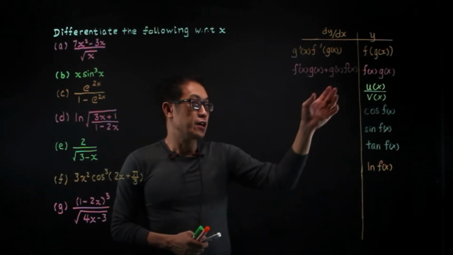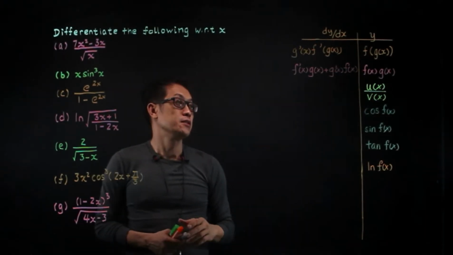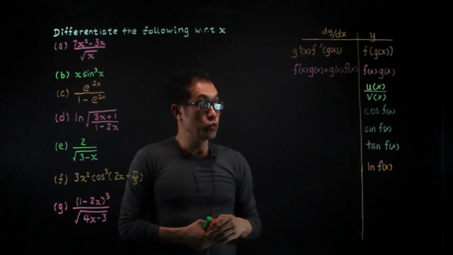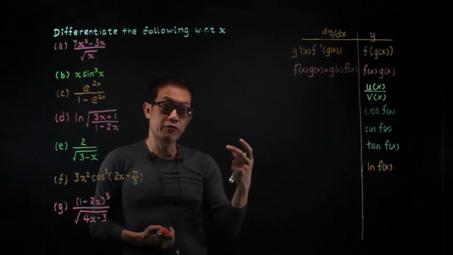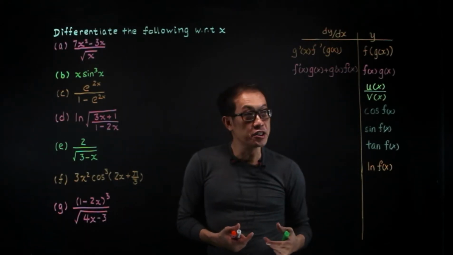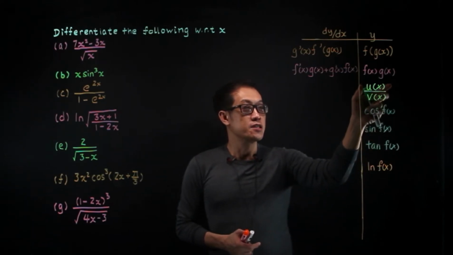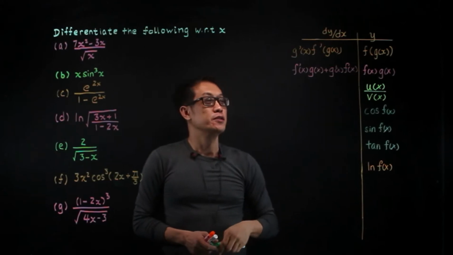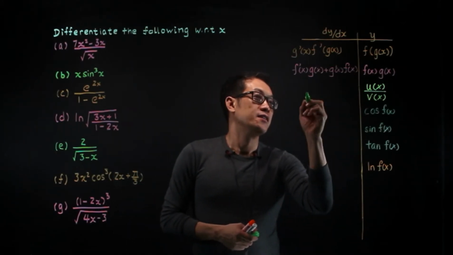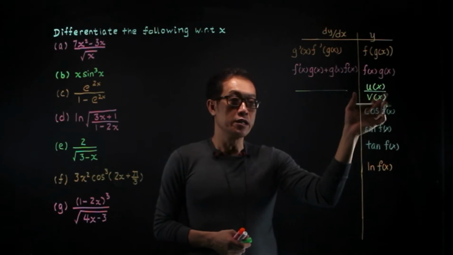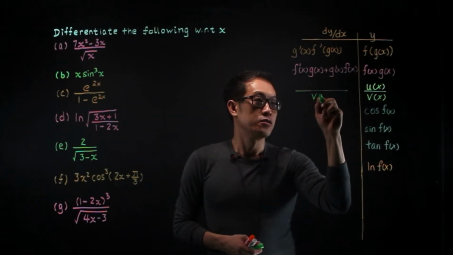Now this is a function divided by a function, so we use the quotient rule. Where does the word quotient come from? The quotient comes when you do a division. So this is something divided by something, so you use the quotient rule. First you square the denominator, so v squared.